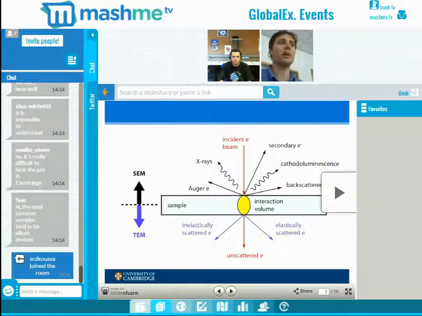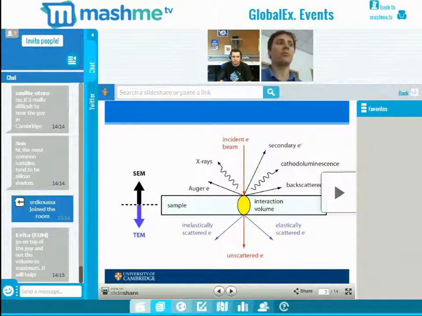as you can see here, the interaction of the electron beam with the sample creates a lot of different things. For example, you have X-rays developing, then you have electrons that are backscattered, and you have secondary electrons.